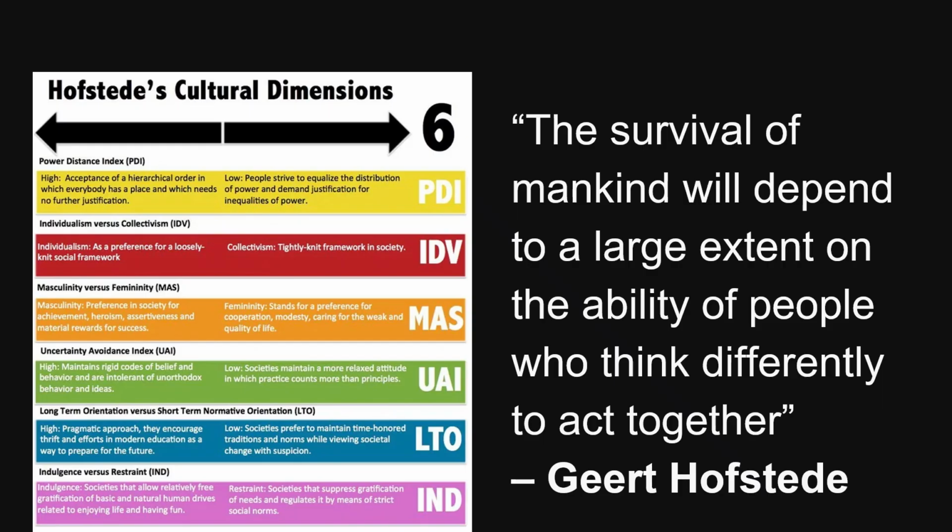So Hofstede's dimensions are a really helpful tool in reducing the amount of misunderstanding and conflict that might be experienced by people from different cultural backgrounds trying to work together, trying to become a team and work towards common shared goals.